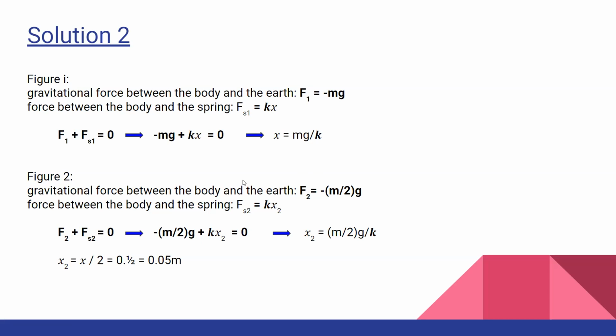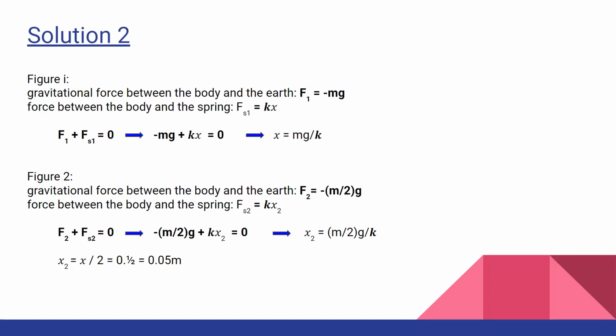We also have to do it for the second figure, right? We know that this x is 0.1, so we're just trying to find a stretch length, like a displacement for the second part and relate it to x.